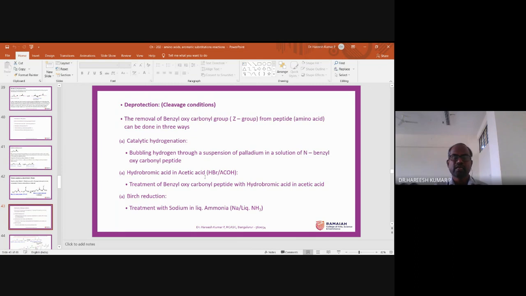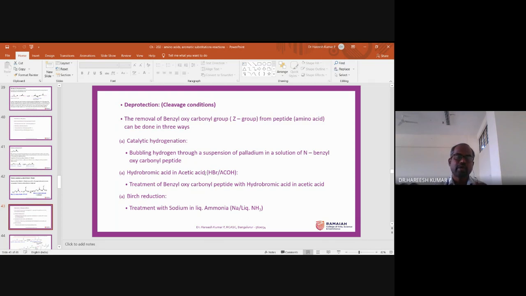Sometimes they may ask 2 mark questions on this. Give the deprotection conditions for a Z group, or give the deprotection conditions for the benzyl oxycarbonyl group. Then you should be able to write all these things.